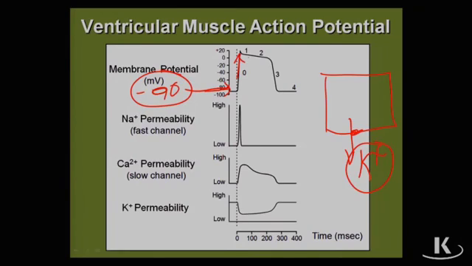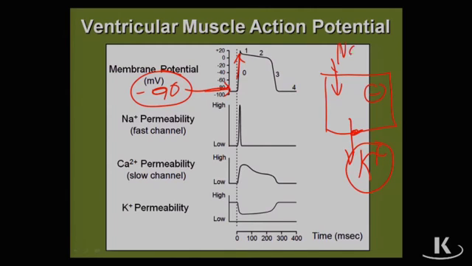Now, what happens first to drive this action potential up into the positive zone? Well, it's normally negative inside here. How does it suddenly become positive? Sodium suddenly rushes in. It starts at negative.